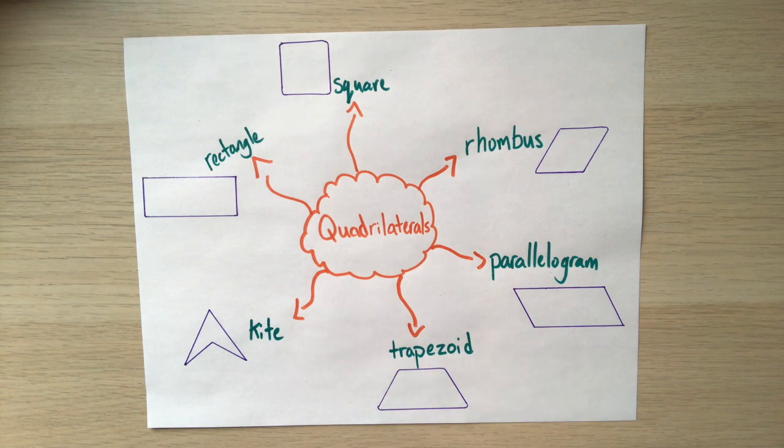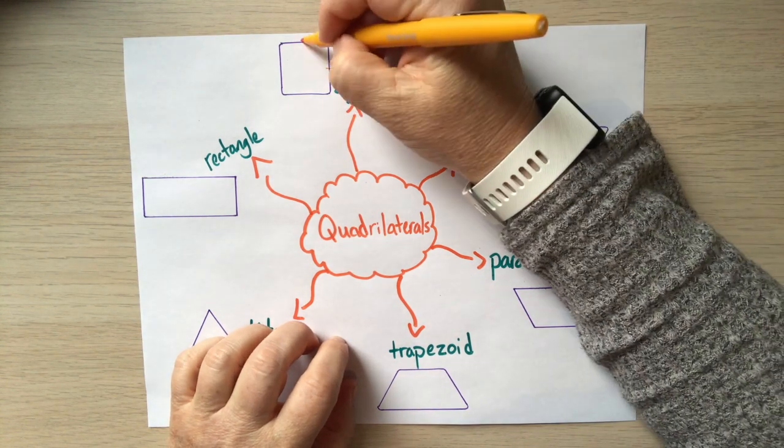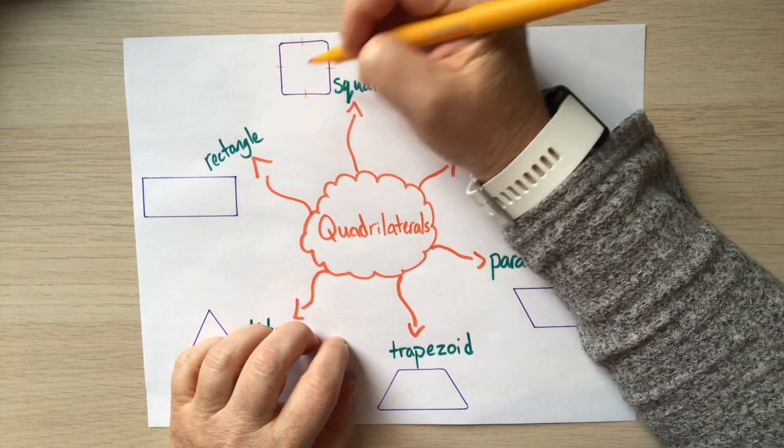Okay, so for today's lesson, we are going to be looking at different quadrilaterals and what defines them as being different from each other. So our first one is a square, and we know that something is a square when all four sides are equal. And remember how we showed that its sides are equal: we put these hatch marks on here.